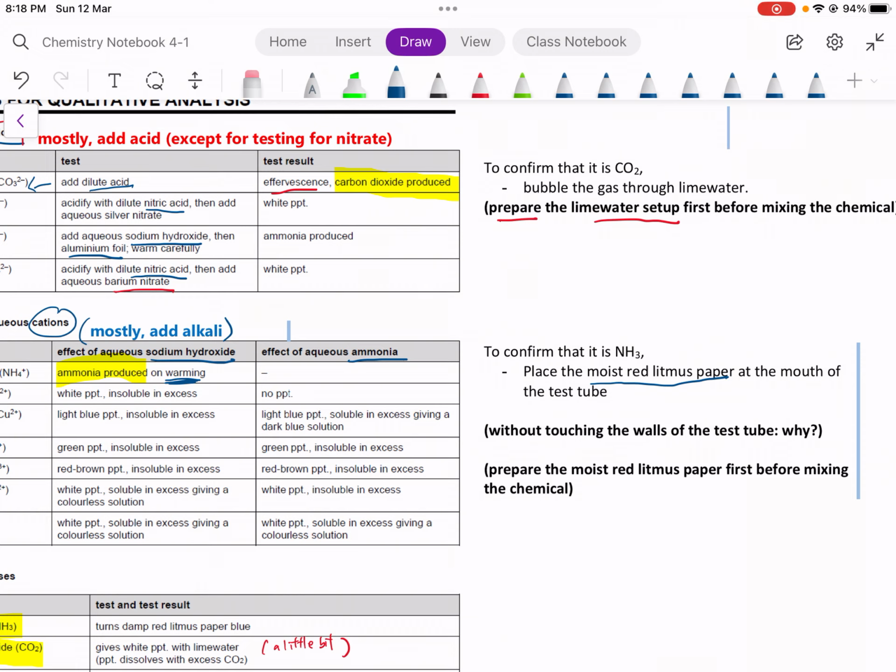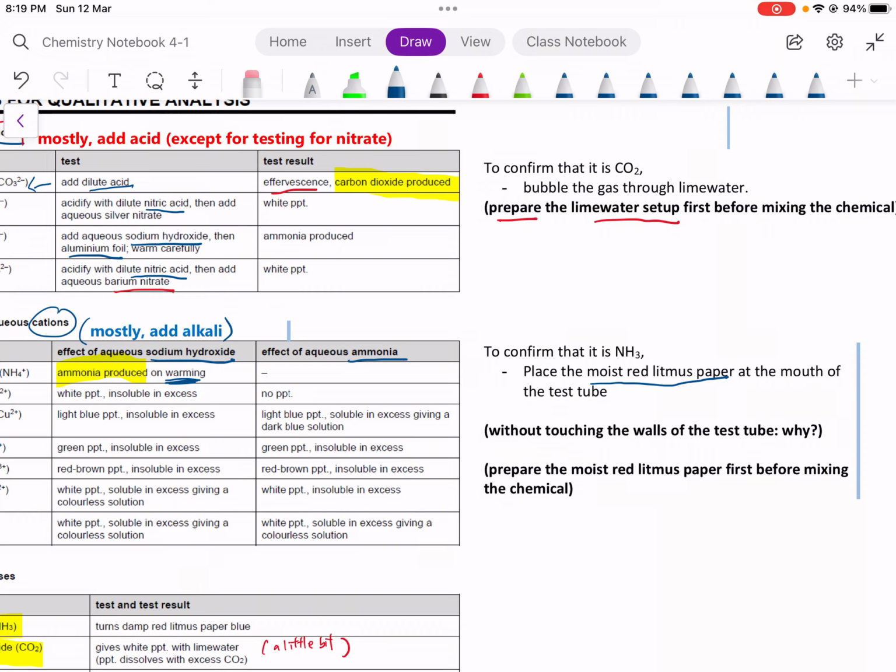Blue. So if you touch the wall of the test tube, which might be stained with the sodium hydroxide that you added or splashed accidentally, then you'll be testing for the alkaline, not for the ammonia gas. So make sure you don't touch the wall. Otherwise, you'll be confused whether this is ammonia gas or sodium hydroxide.